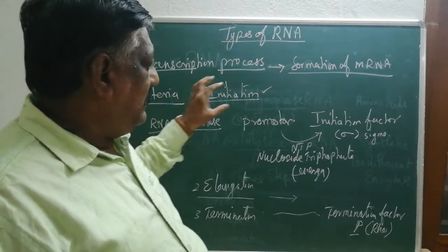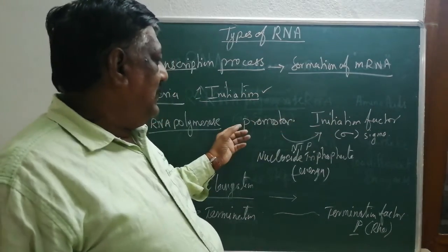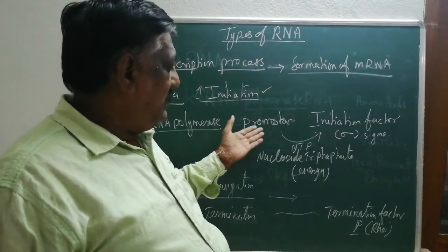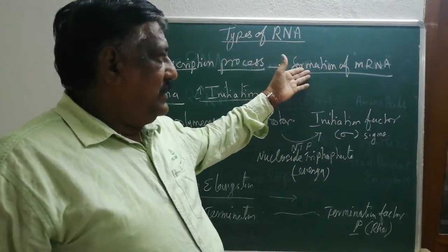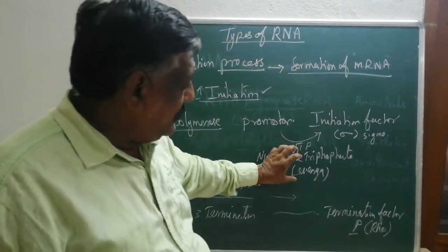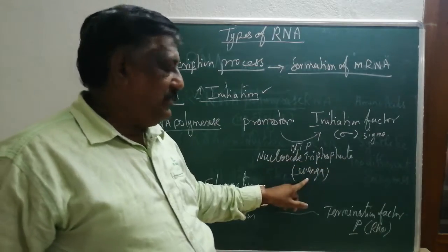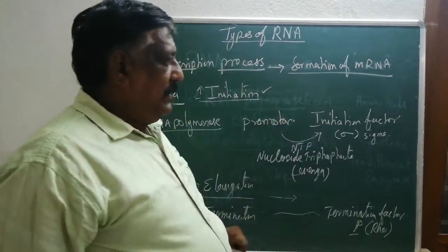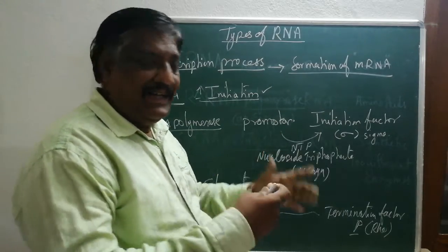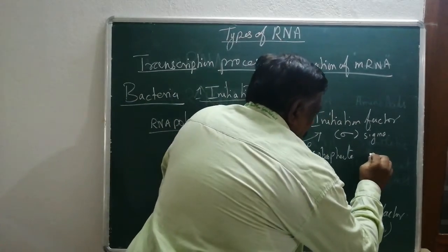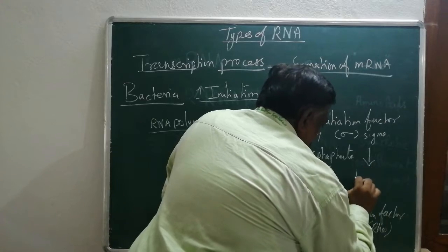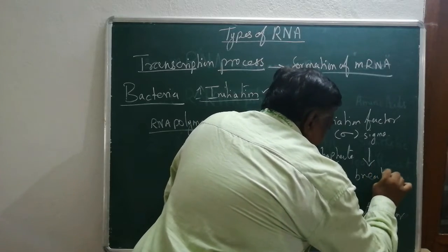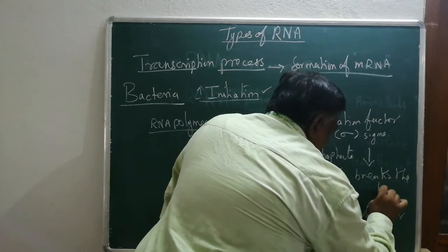RNA polymerase joins with an initiation factor and starts the initiation of the formation of mRNA. For that, it uses nucleoside triphosphate as an energy molecule. Once it forms the initiation factor, what does it do? It breaks the helix.